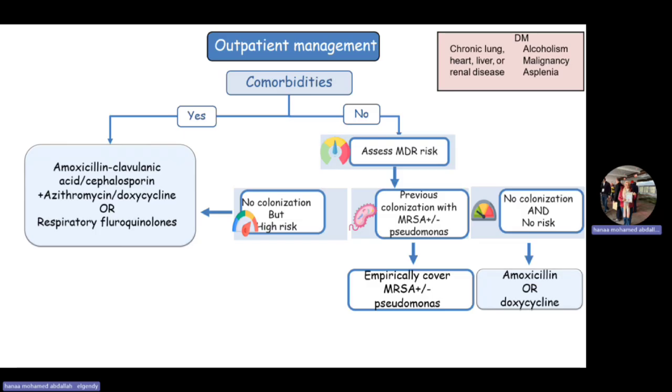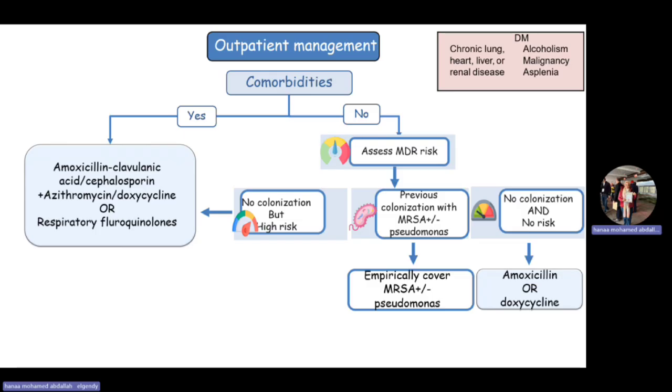If there is no colonization but there is a high risk, we should go for amoxicillin plus azithromycin or doxycycline or fluoroquinolones. Okay, and if the patient has previous colonization with MRSA or Pseudomonas, we will give empirical cover for both.